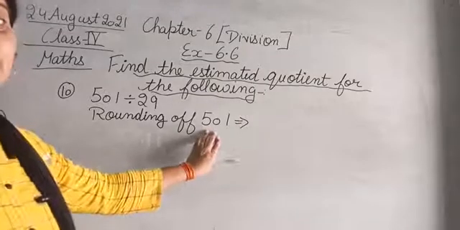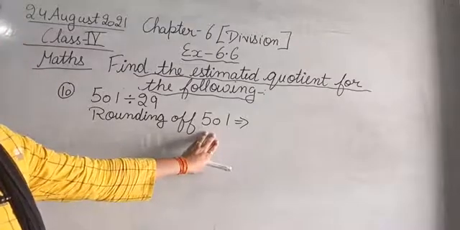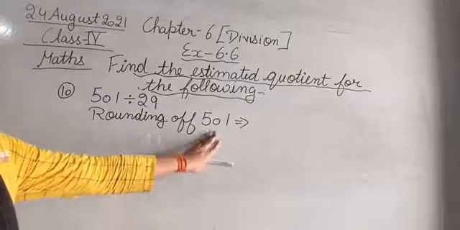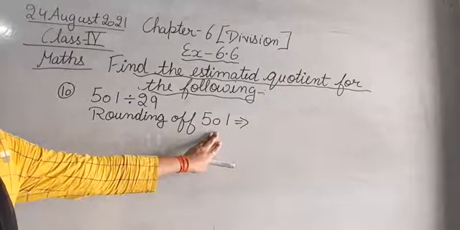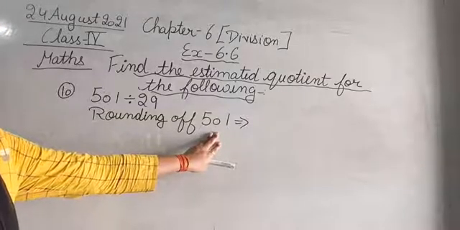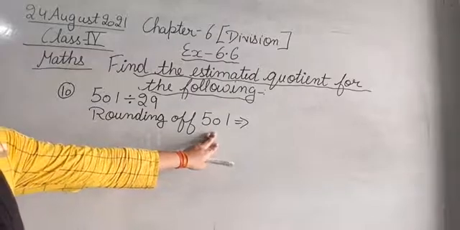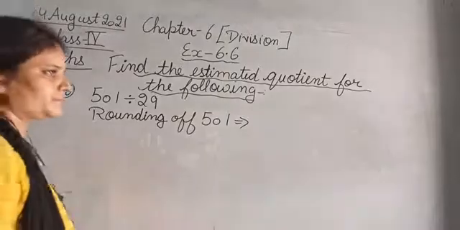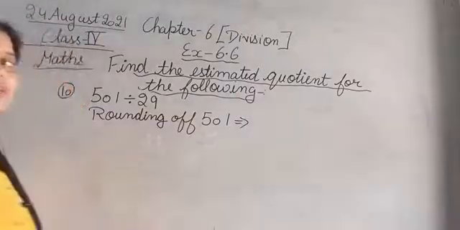This is a 3-digit number, so the highest place value in this given number is 100. 3-digit number है तो highest place value क्या होगी? 100. Okay, so we have to round it off to the nearest 100.